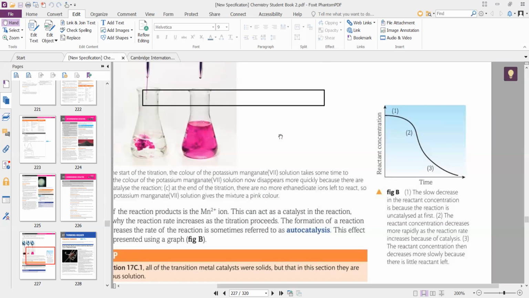However, as the reaction proceeds, the reaction will speed up.